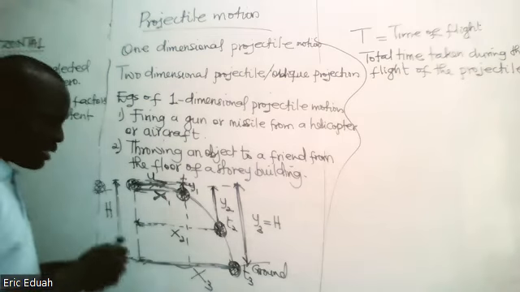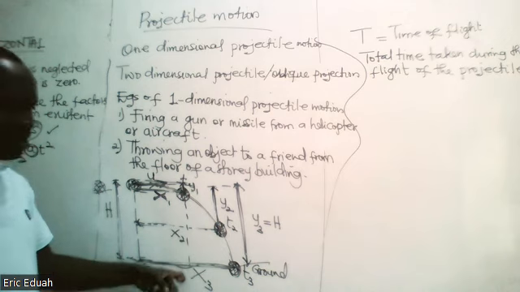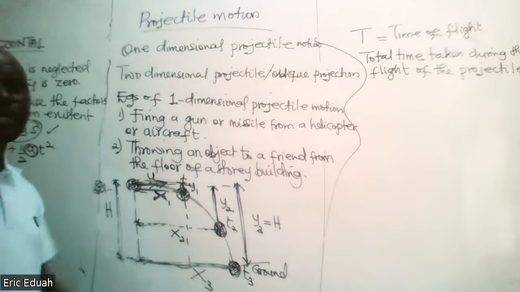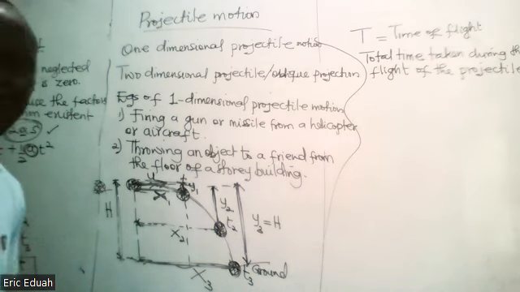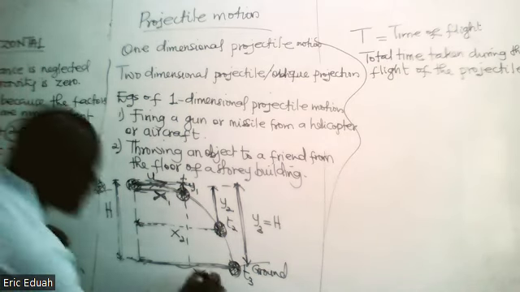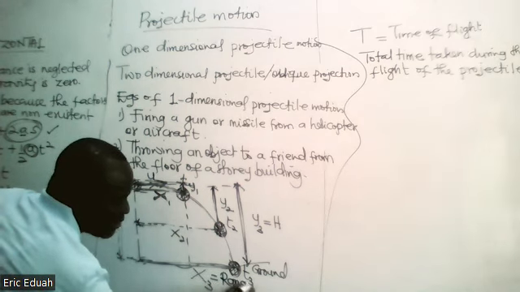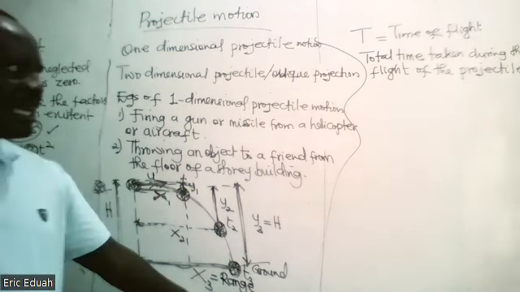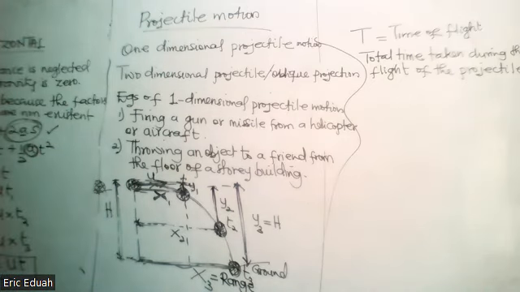Then the total horizontal distance covered by the body is what we describe as the range. So x3 can also be termed as the range, and then t3 can also be termed as the time of flight.